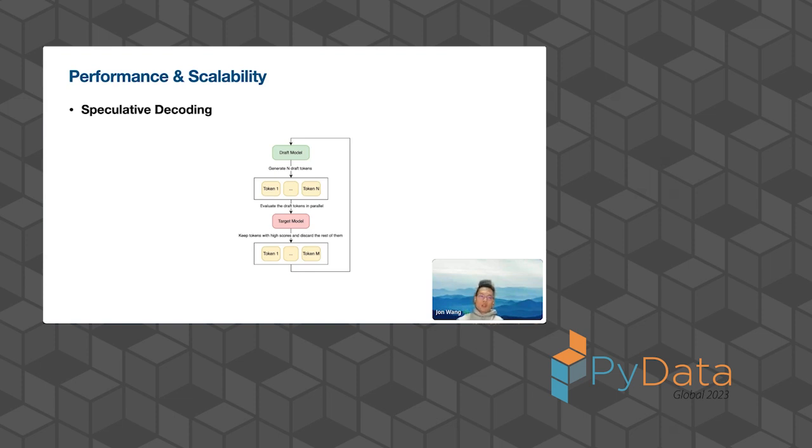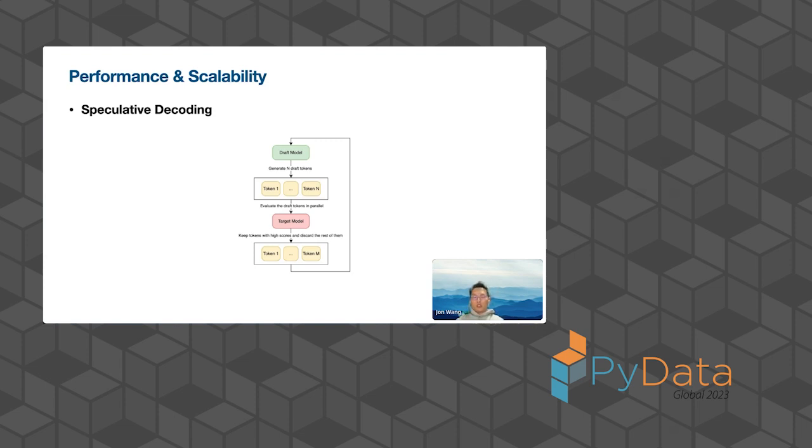Since the weight of the smaller model is much smaller and the amount of GPU memory required for KV cache is smaller, it can achieve better latency and better throughput. So when you have several tokens generated from the draft model, you can invoke the larger model to validate the result. This is done in parallel.